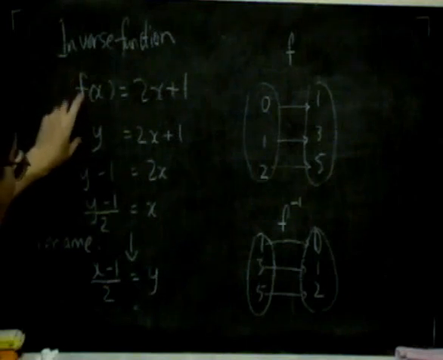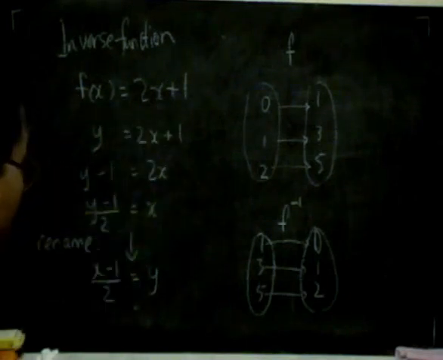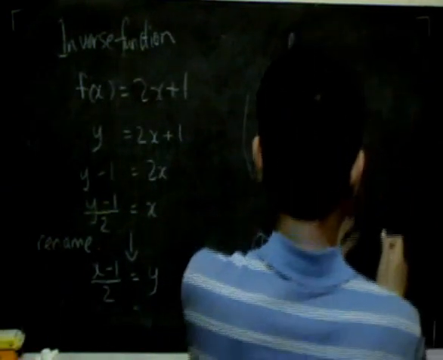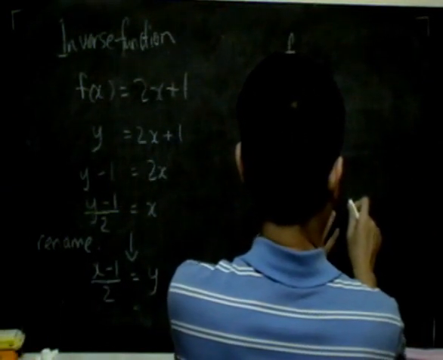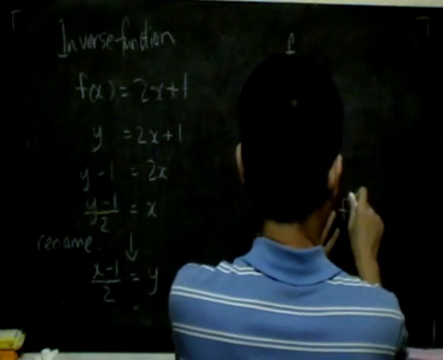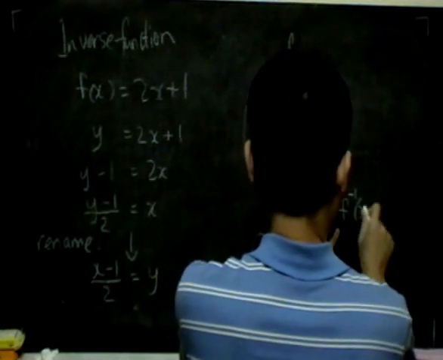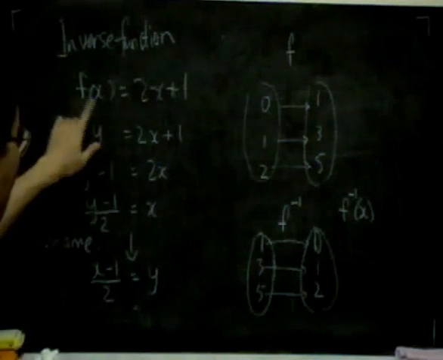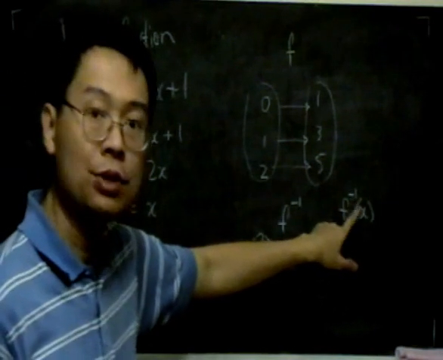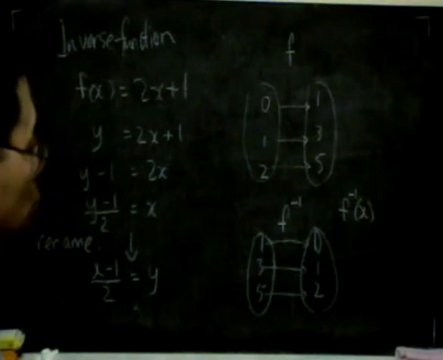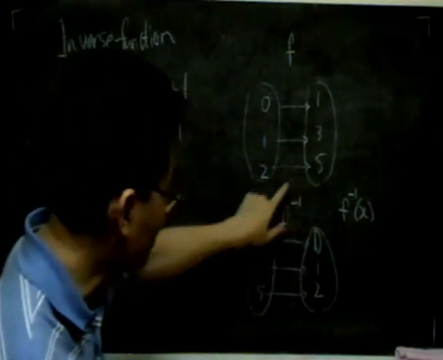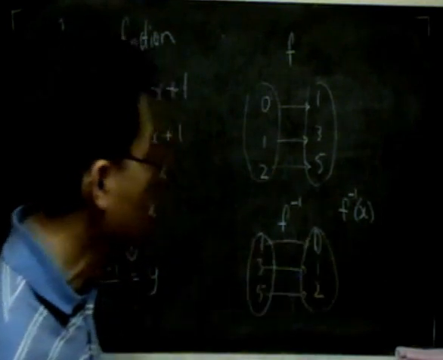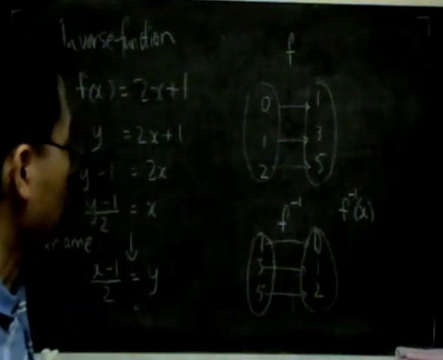So the original function f(x) is written this way. The inverse function would be written as f minus 1 bracket x. So instead of f(x), I have f minus 1 of x. Treat the whole of f minus 1 as the name of this new inverse function.